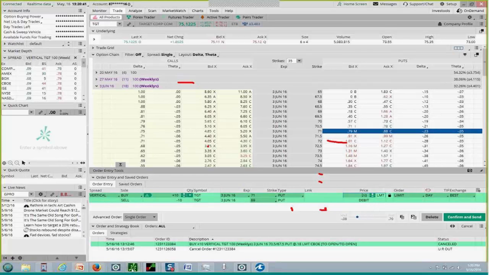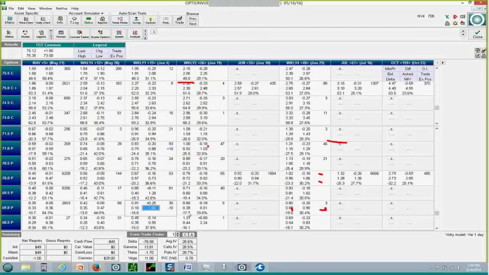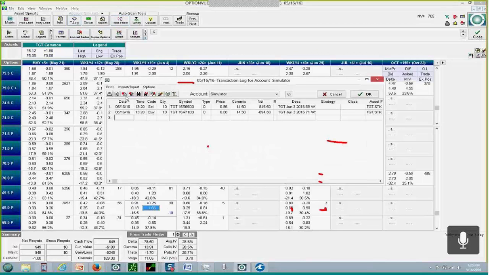What would that do to my trade? Let's say that inside my simulator account, if I convert the trade, go into my transaction log, let's say that I make this thing where I'm buying for 96 cents. It's going to cost me 10 cents for this trade.